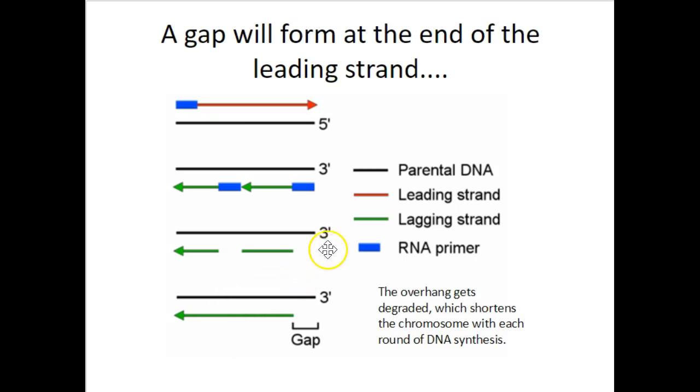But look at what's happening over here on the end. Here we've got a gap that's created when this RNA primer has been removed by DNA polymerase I, but then poor DNA polymerase I is looking for, let's just draw it in here, a 3' hydroxyl group right there, right in this spot, but it's not finding it.